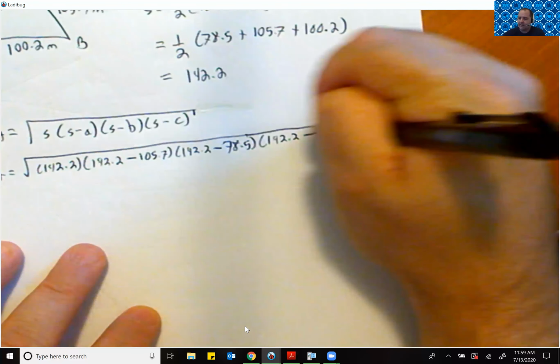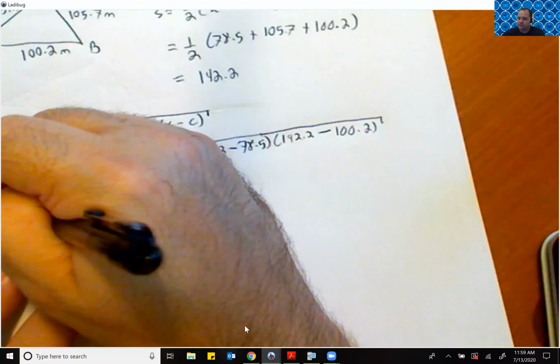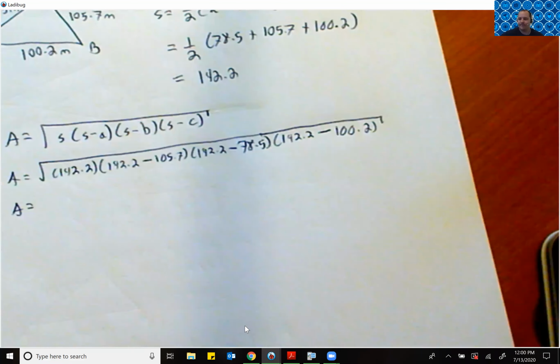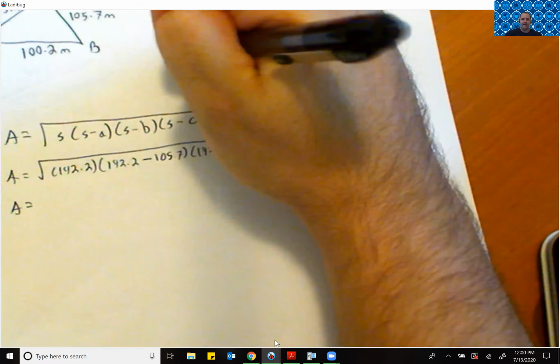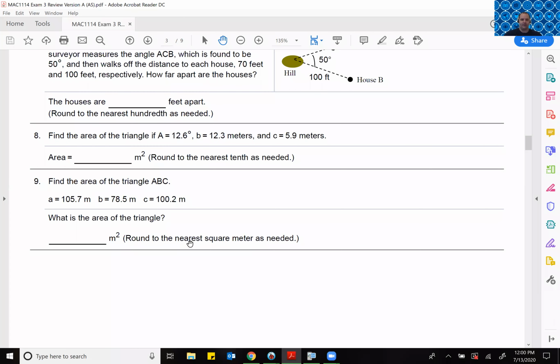Just go to your calculator, let it do its job. And they want us to round to the nearest square meter, so the nearest whole number.